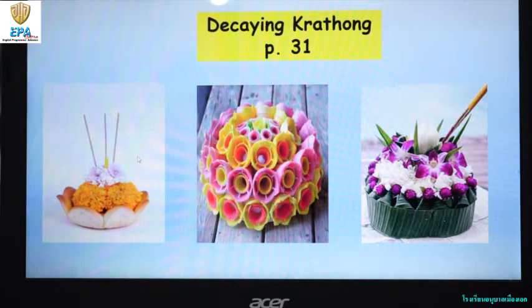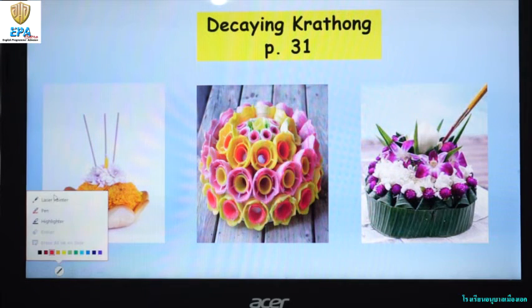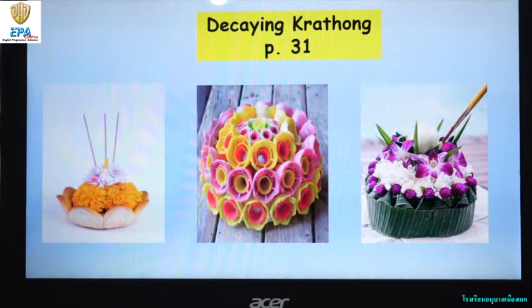So here are some examples of decaying kratoms. The first one that we have, kids, is a kratom made of bread. This kratom here is made out of bread. Next, this one is made out of ice cream cones.